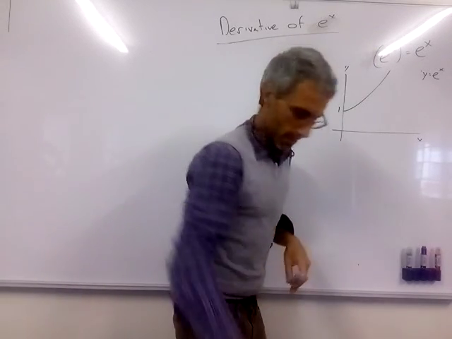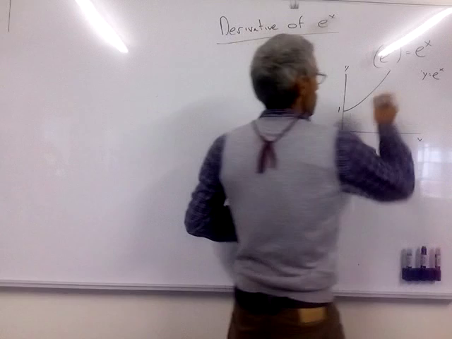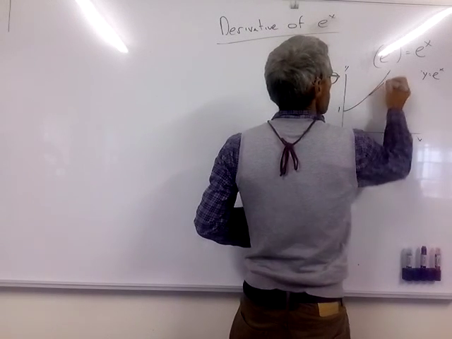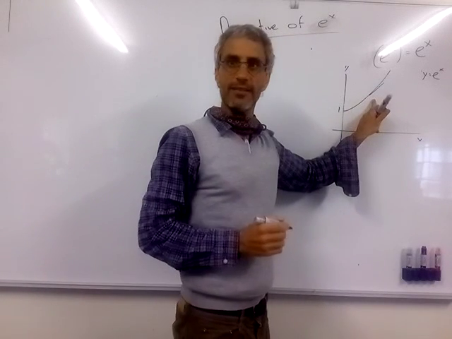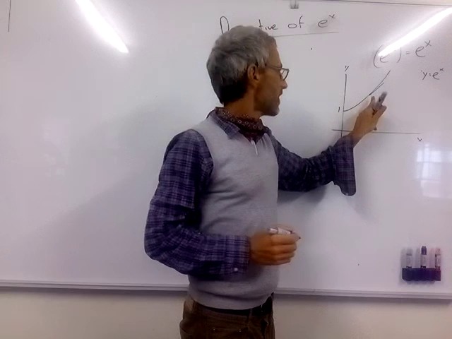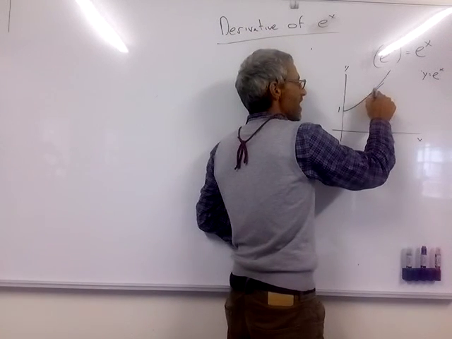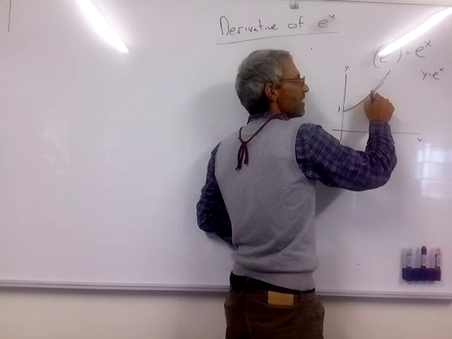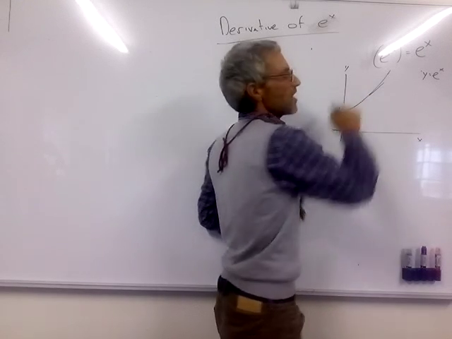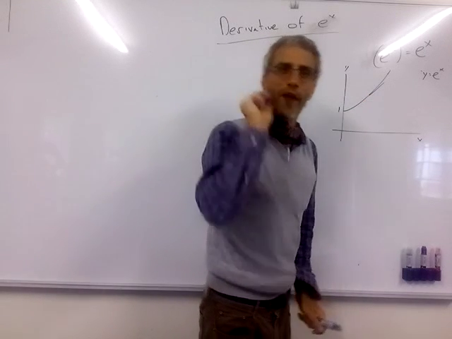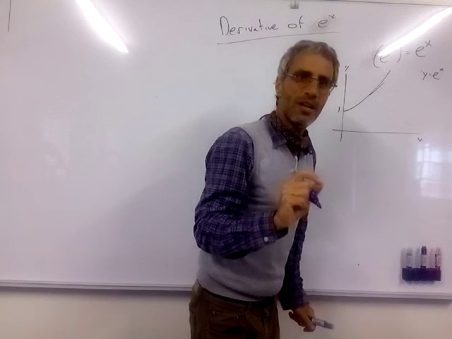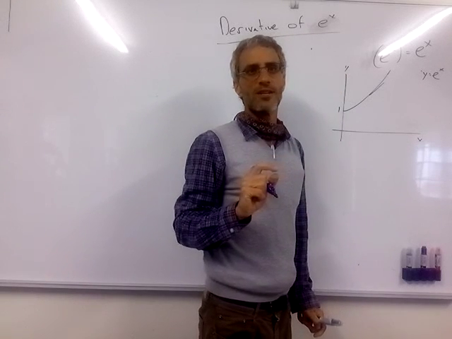Now, what does that tell you? If you go to a certain point and you're trying to calculate the gradient, it can actually be equal to the y value. The gradient here is e to the power of x, which is the same as the value of the function. The value of the derivative is equal to the gradient.